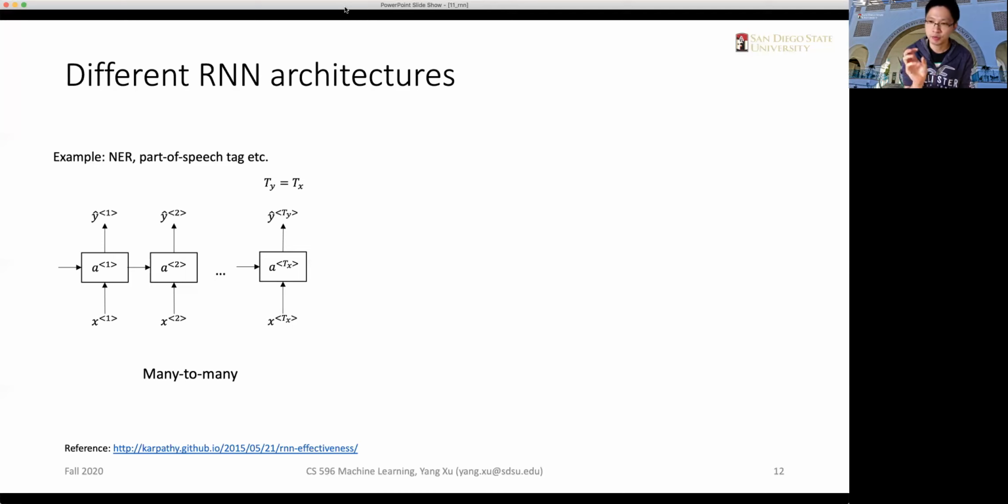So a good part of speech tagging model should be able to incorporate the information on both the left side and the right side, that is, the words before the current word and the words after it.